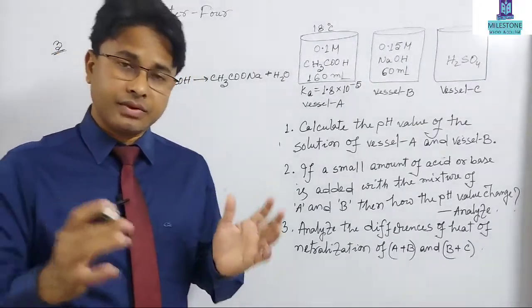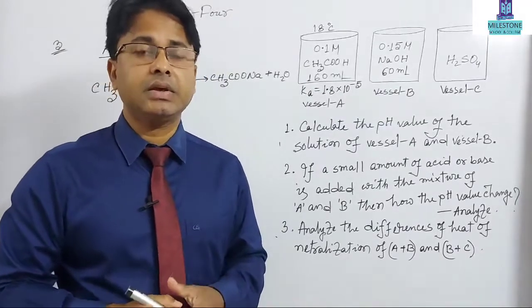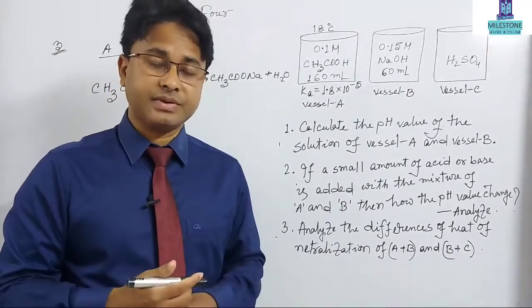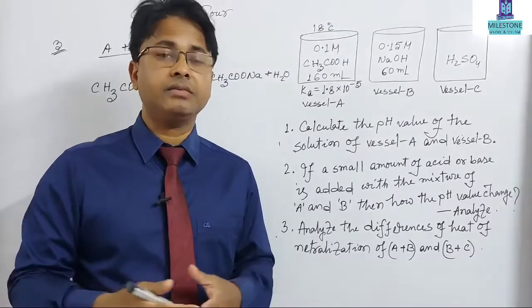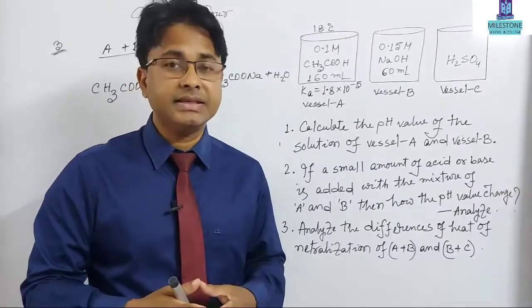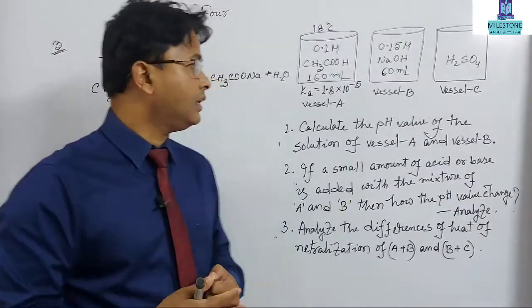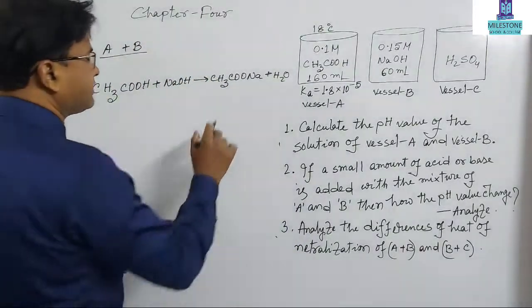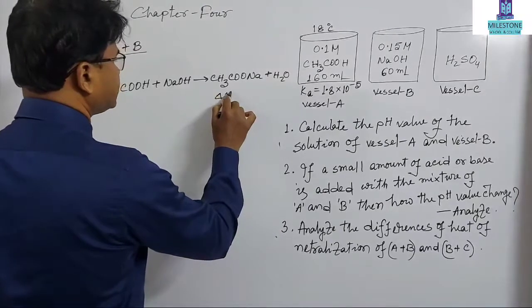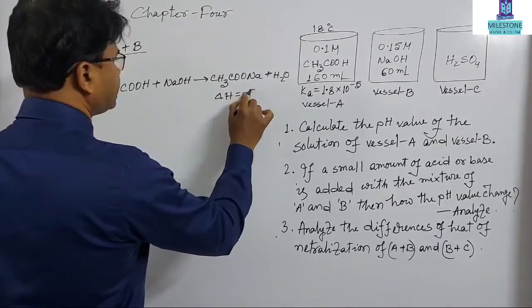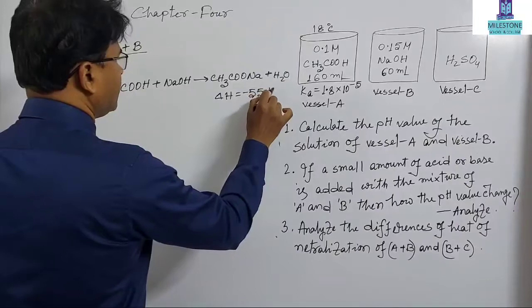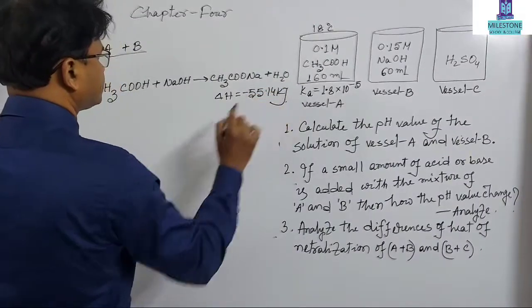If in a neutralization reaction 1 mole of water is produced, then the evolved heat is known as heat of neutralization. So, here the heat of neutralization, delta H, is equal to minus 55.14 kilojoule.